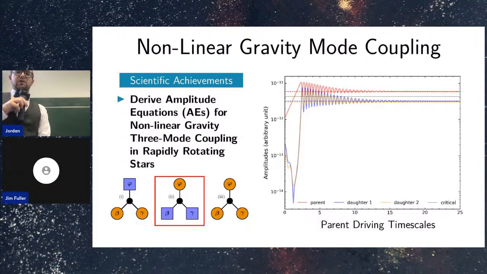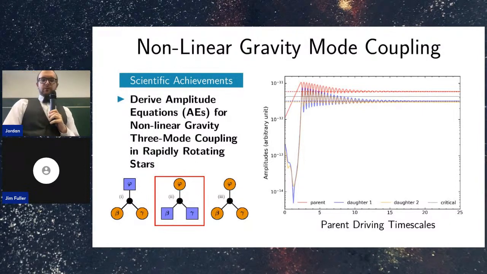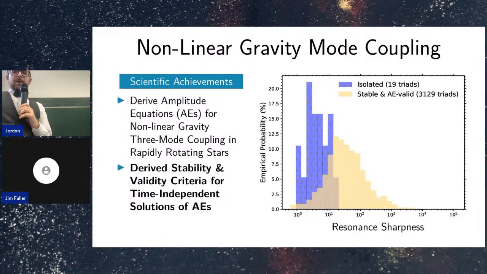And what you can see here on the right-hand side is one of these numerical solutions of these sets of amplitude equations for arbitrary starting conditions that converge onto a specific time-independent solution. And these amplitude equations can then describe what is happening inside of these combinations of three signals, potentially.